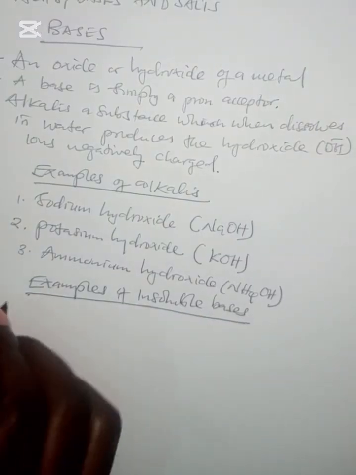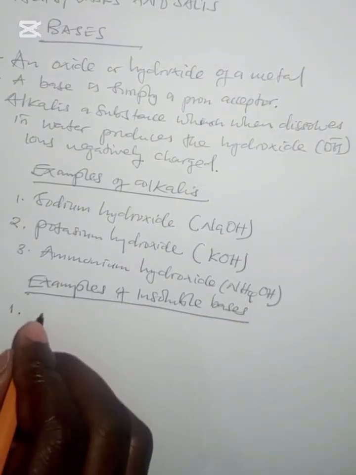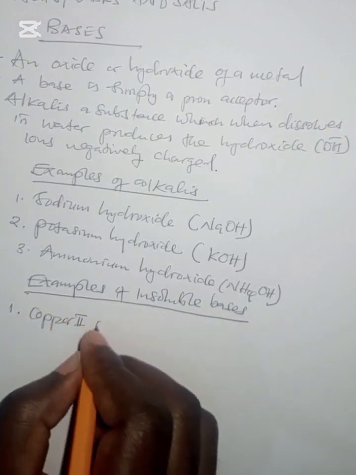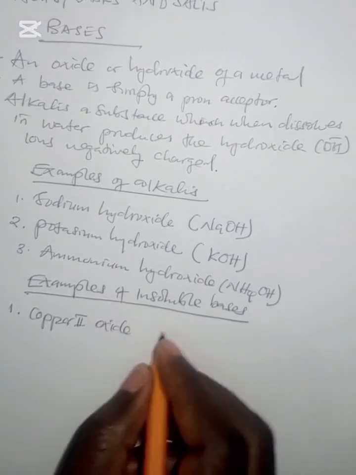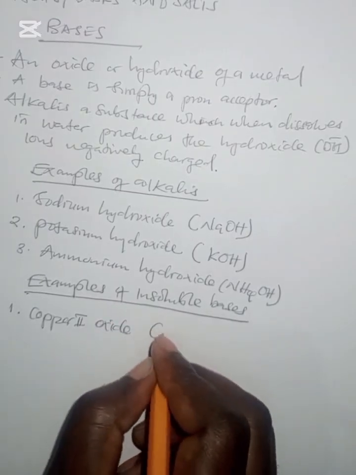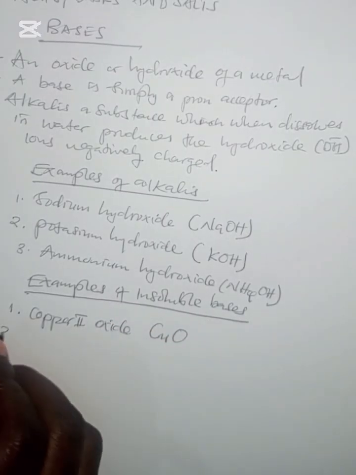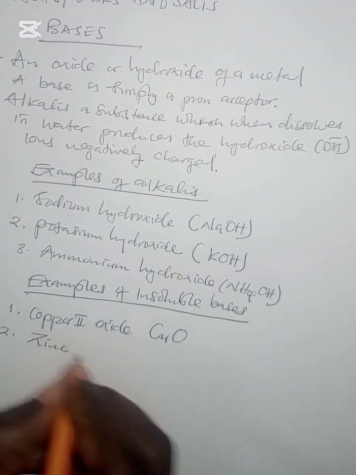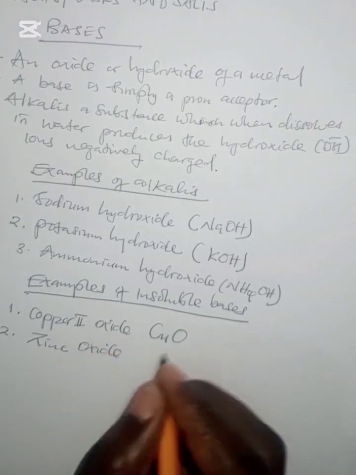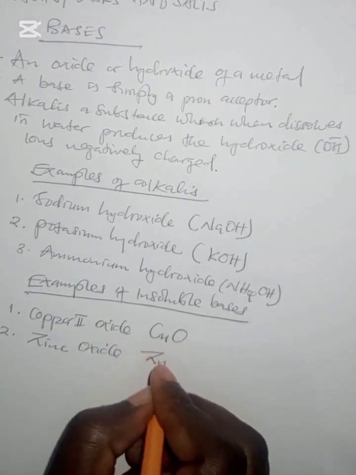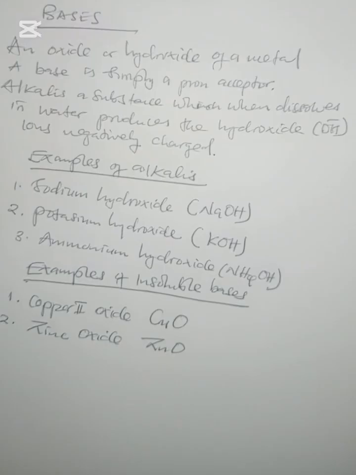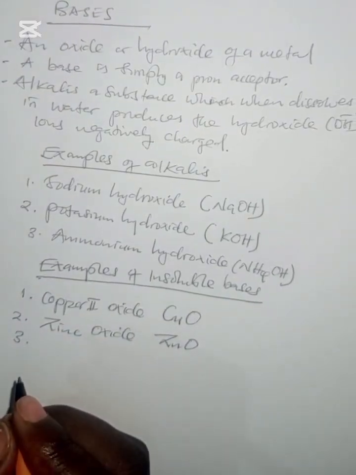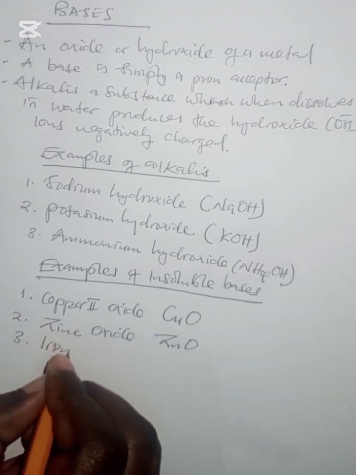For example, you have copper 2 oxide, zinc oxide, and iron 3 oxide.